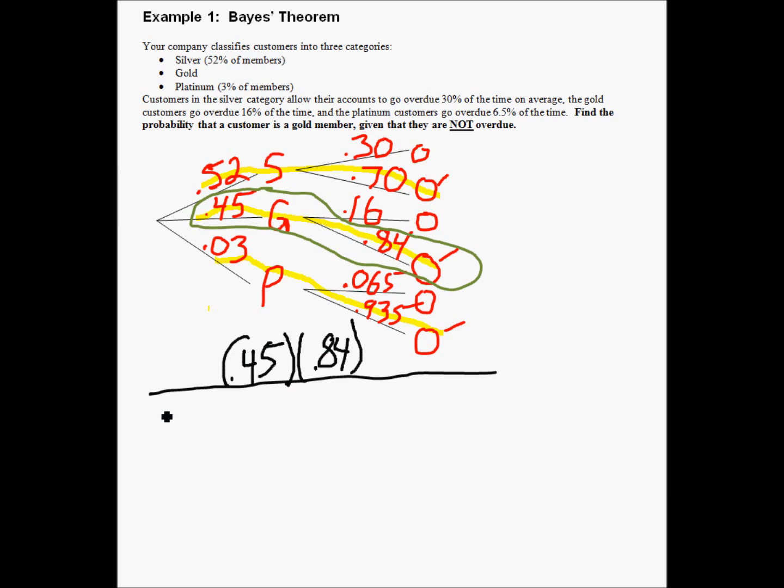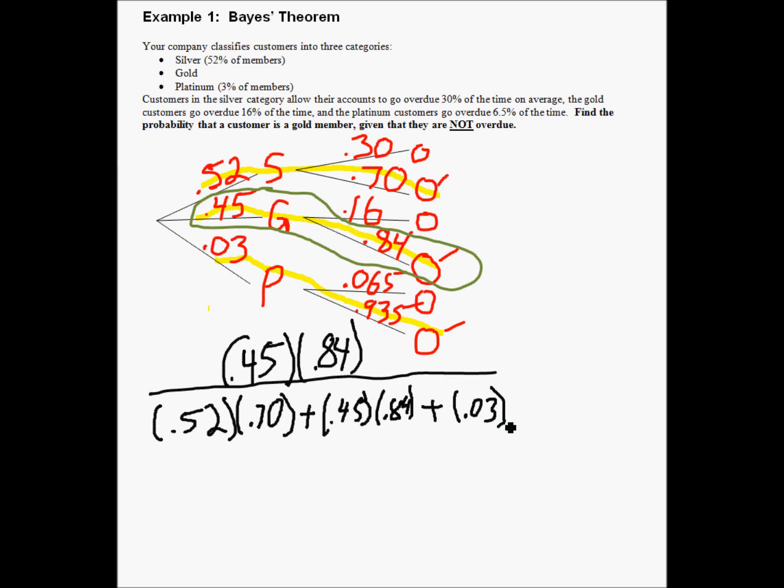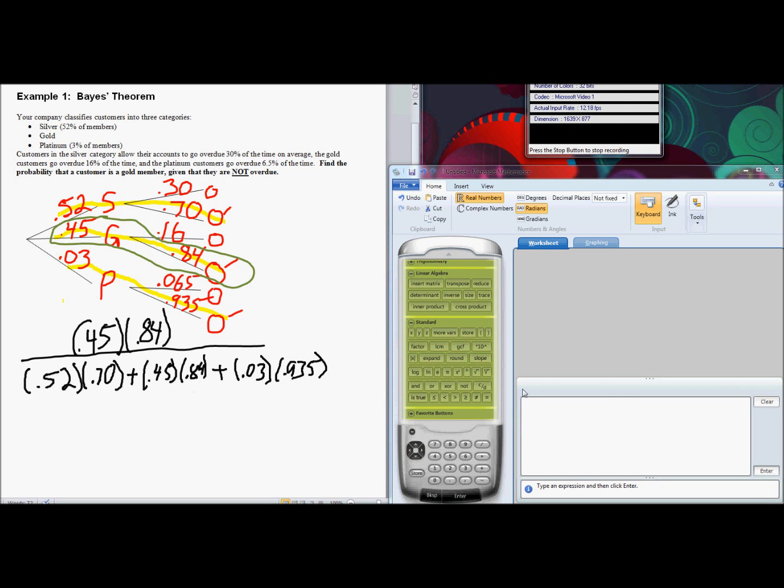The denominator is going to be all the ways to not be overdue, so 0.52 times 0.70, plus 0.45 times 0.84, plus, and then the last way to not be overdue, which is our platinum members, which is 3%, and 93.5% of those. All right, so the fraction's done.